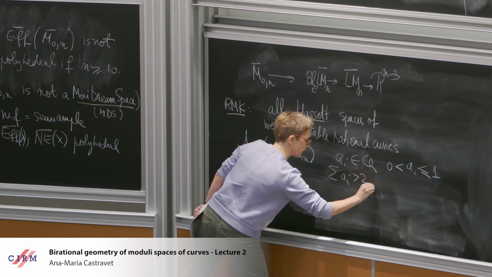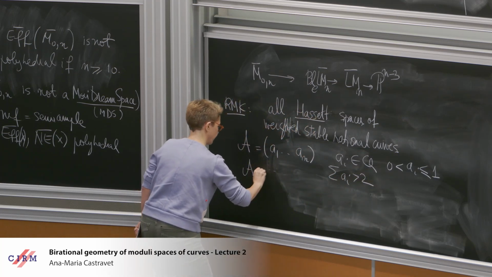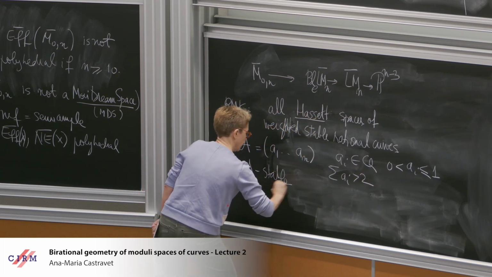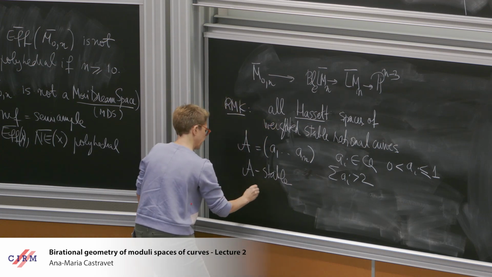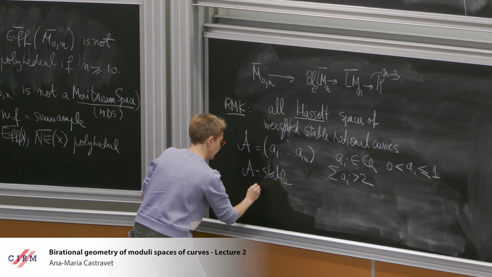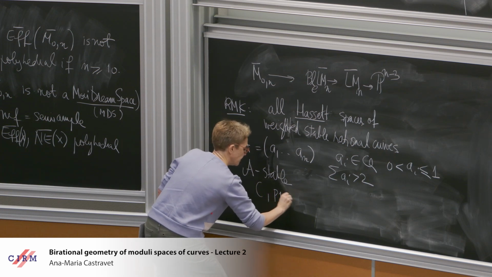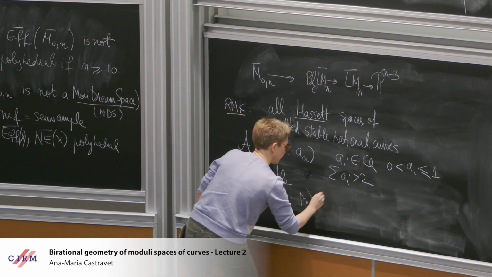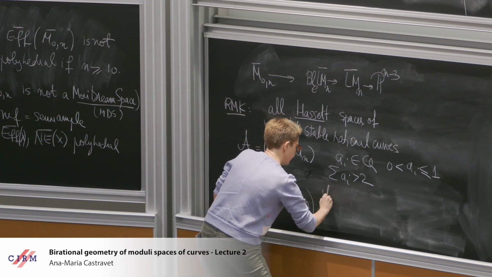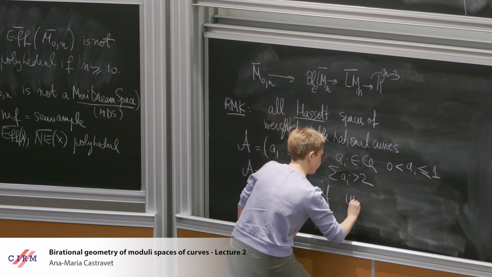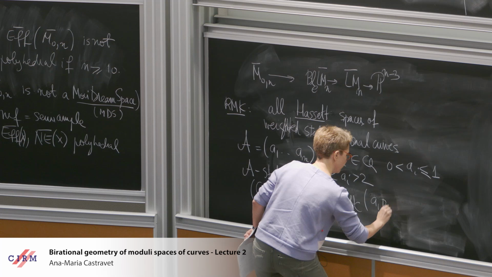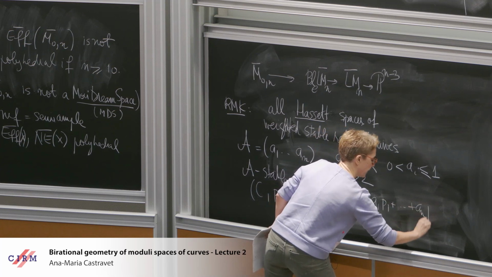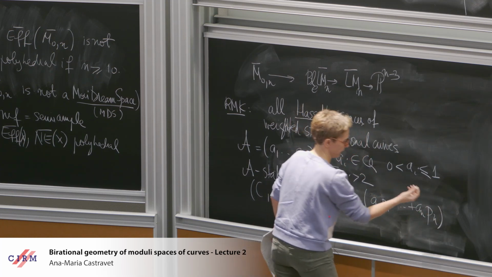Some condition, okay, and so the A-stability is just that. You have a pointed A-stable rational curve if and only if, by definition, the canonical class of this curve weighted by the points still has positive degree on every component.